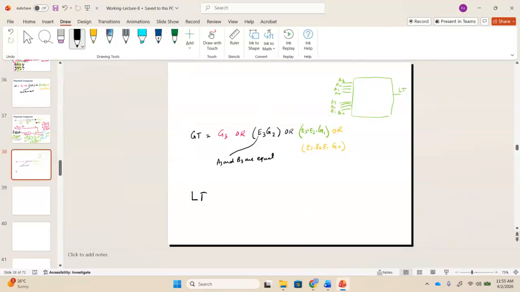You should compare MSB. If it's less than, we continue to the next one. Yeah. So if you want to compare it, we replace G3 with L3. So can we write L3 or E3 L2 or E3 E2 L1 or E3 E2 E1 and L0.